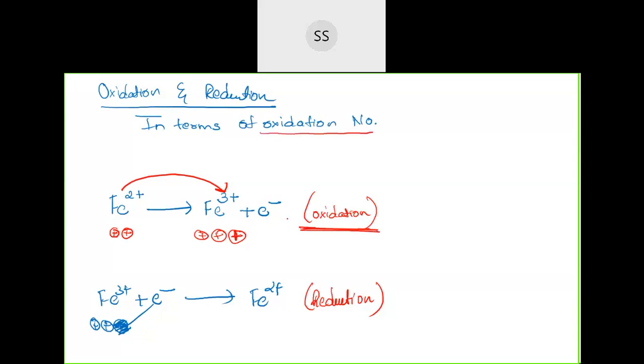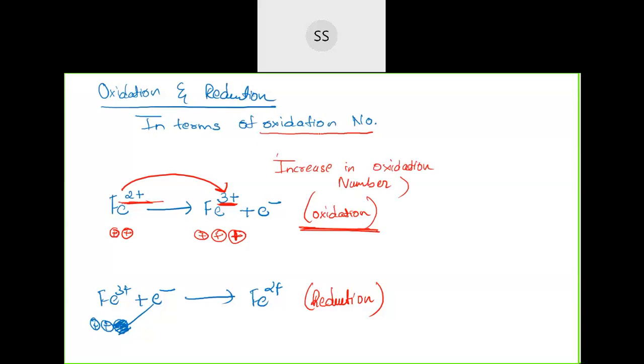In this oxidation process, Fe2+ gets converted to Fe3+ and one electron is lost. So you see what has happened to the oxidation number: the oxidation state has increased here. So if there is an increase in oxidation number, that is oxidation.